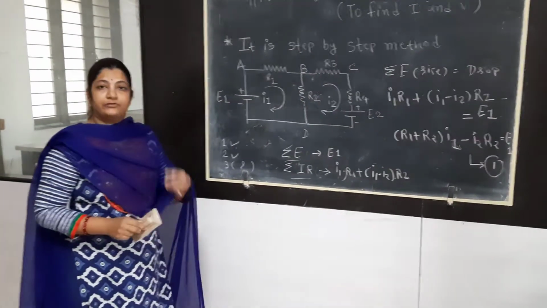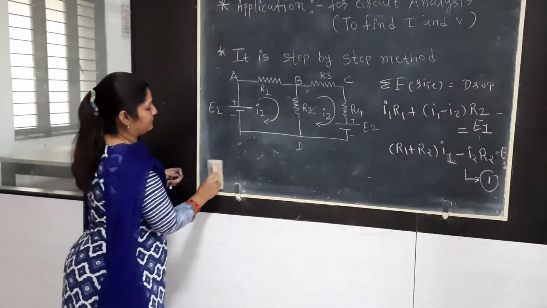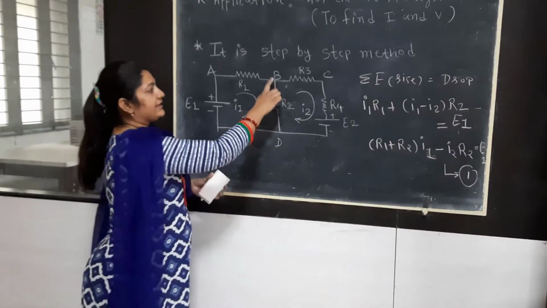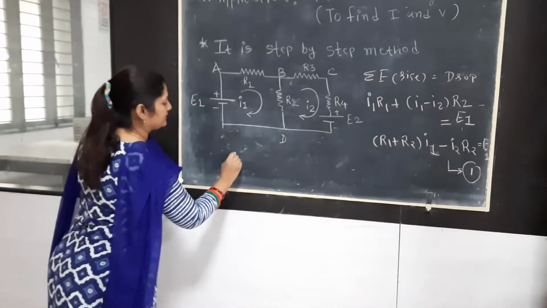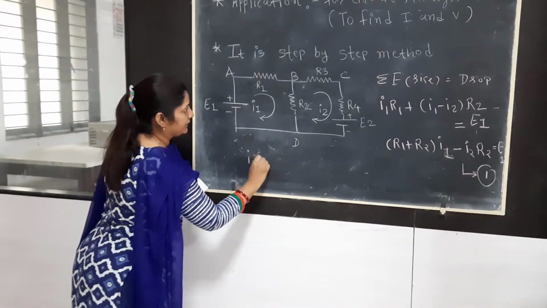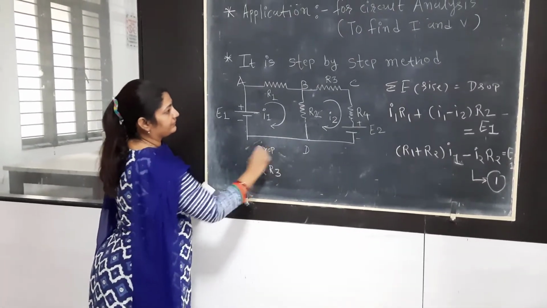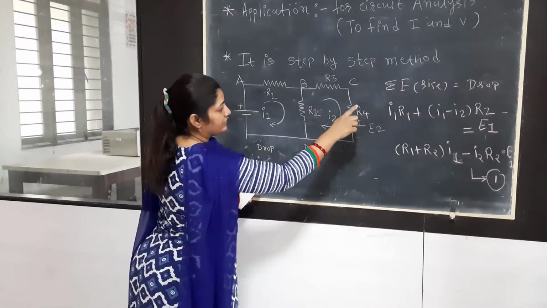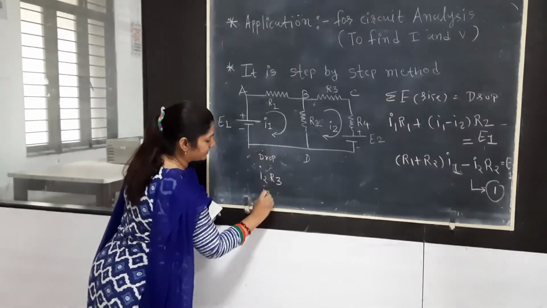The same thing is required to repeat for mesh 2. For mesh 2, let me start with the point B, R3, just like the previous case. I2 into R3 is your drop term. For R4, the current is I2, again a drop term.